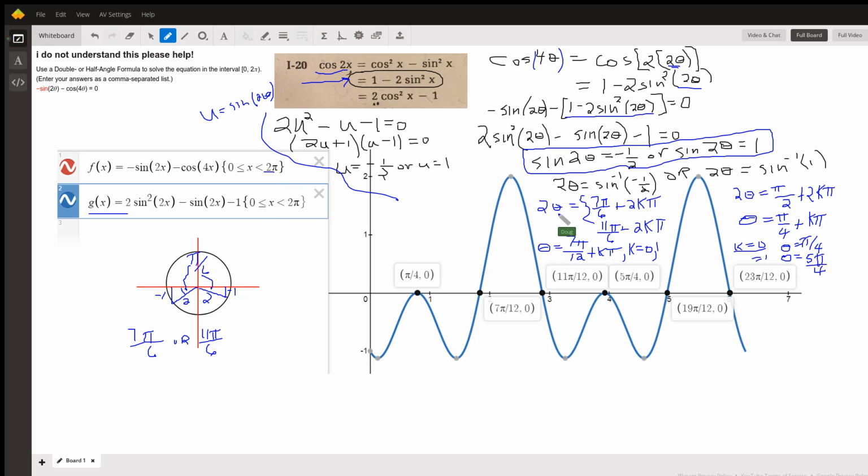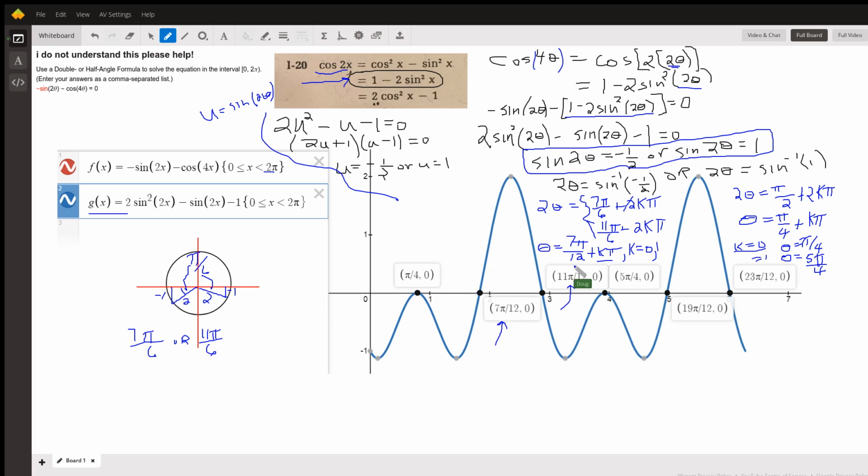So if 2 theta equals these two values right here, if I divide both sides by 2, I get 7 pi over 12 plus, dividing 2k pi by 2, I get plus k pi. Let k equal 0 or 1, and you'll see that you get this angle right here and this angle right here.